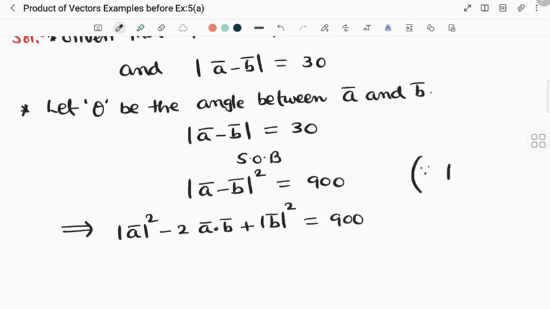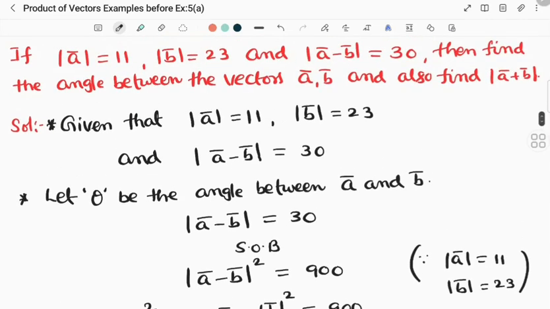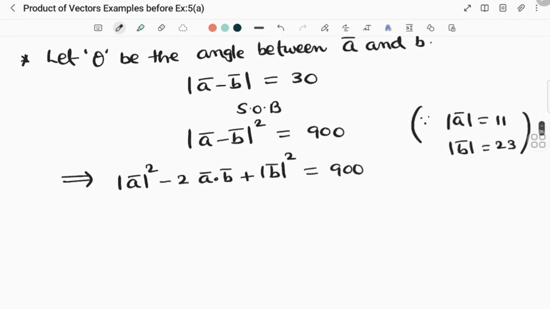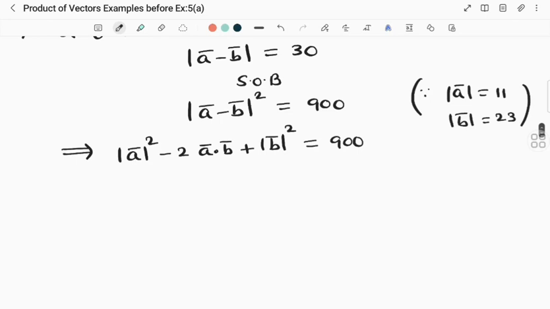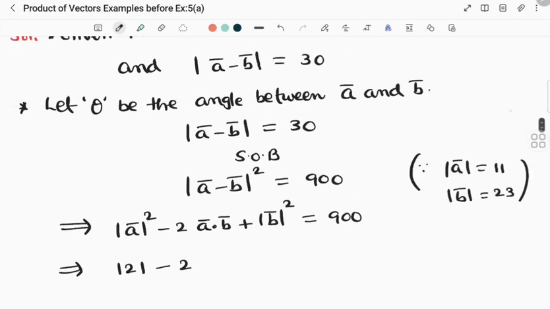Since we have mod A bar equal to 11 and mod B bar equal to 23, it is the given information only, dear students. So I am just writing: 11 square, that means 121, minus 2 into A bar dot B bar.